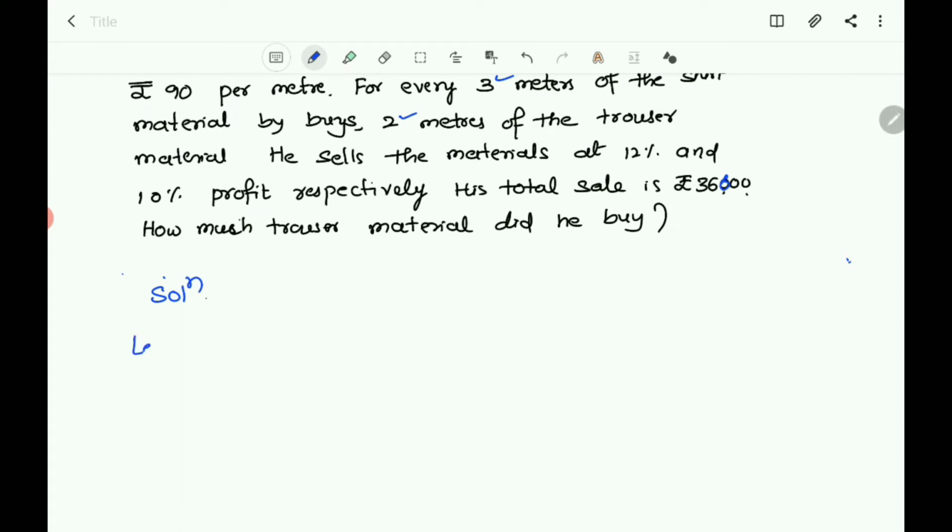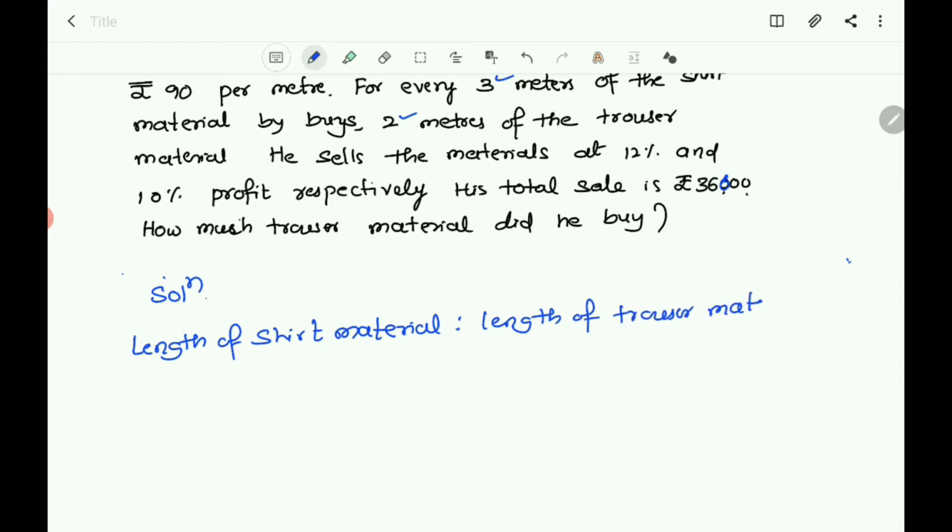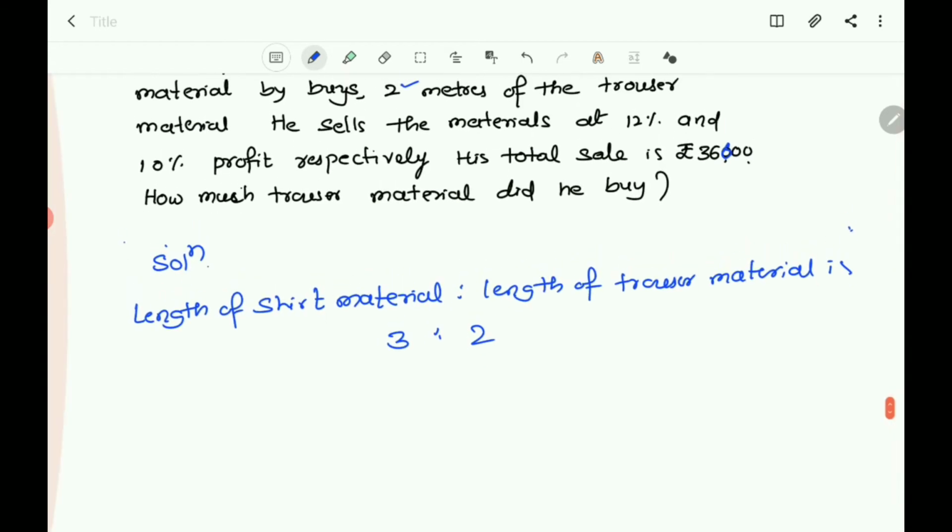Write length of shirt material is to length of trouser material is 3:2. So let us have their lengths as 3x and 2x.